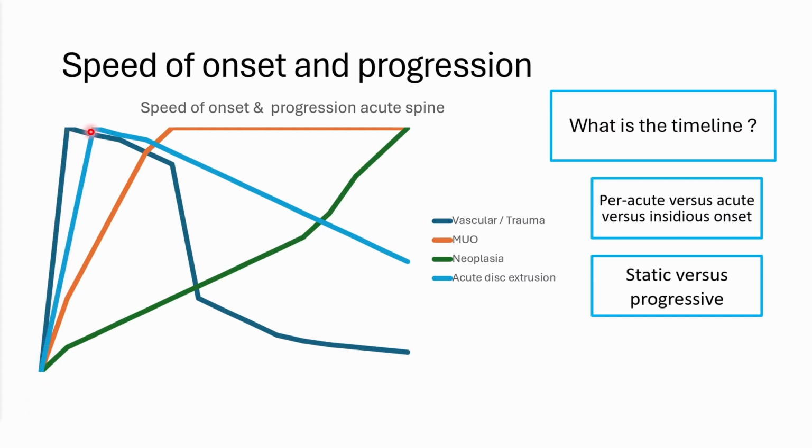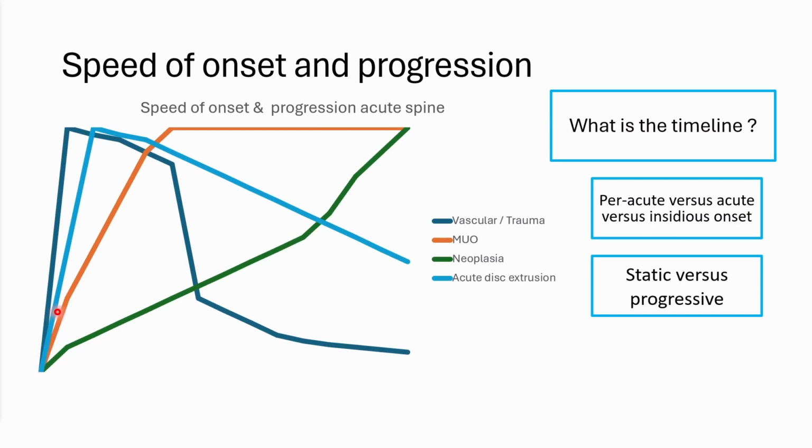An acute disc protrusion, by virtue of the name, is usually acute onset as well, but it can be peracute, but often it can be progressive over a number of hours or possibly days. And again, most of those animals managed conservatively will actually make some sort of improvement over time. Again, there are exceptions if you get more disc material coming out.